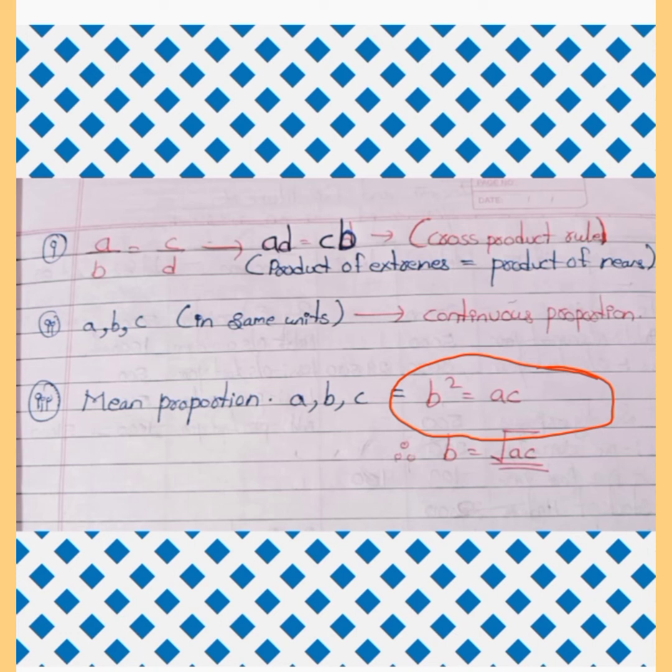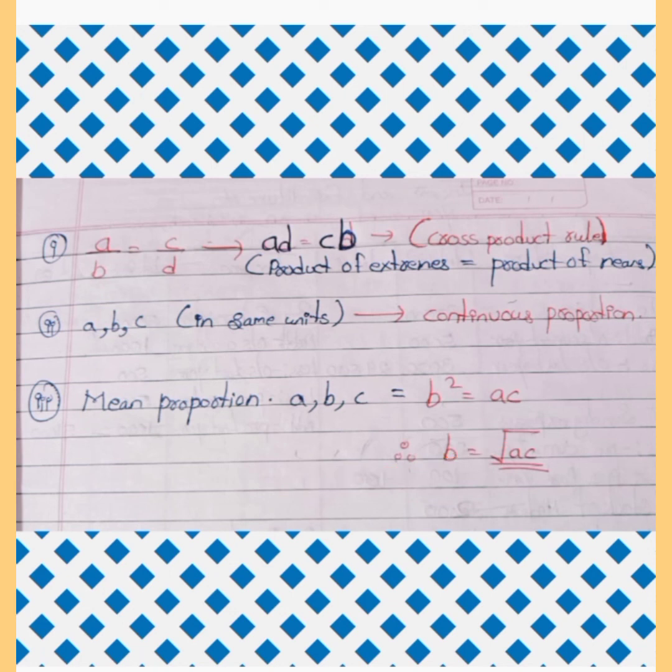It's a mean proportion. You can shift your square to that side and it becomes B is equal to square root of AC. It's too easy.